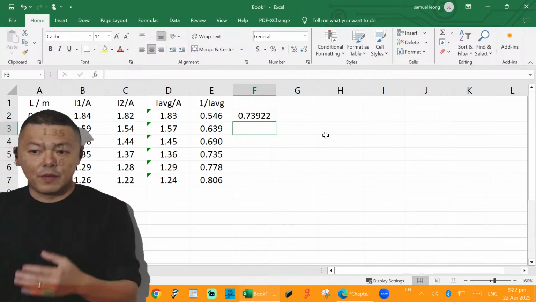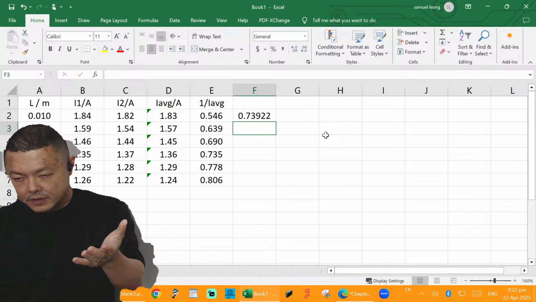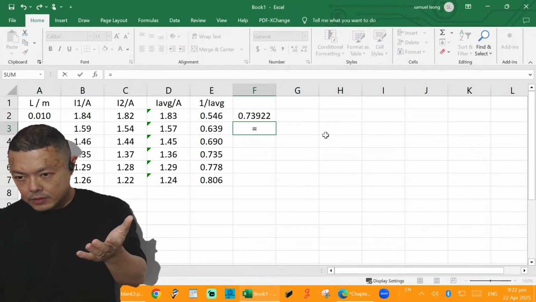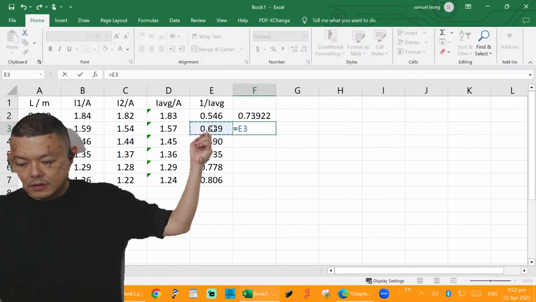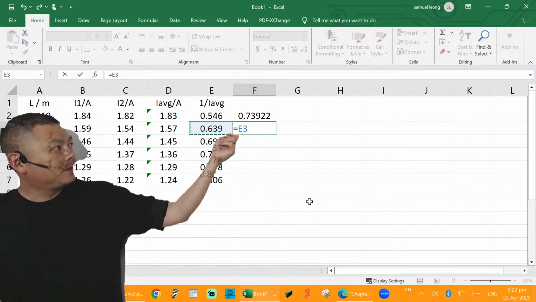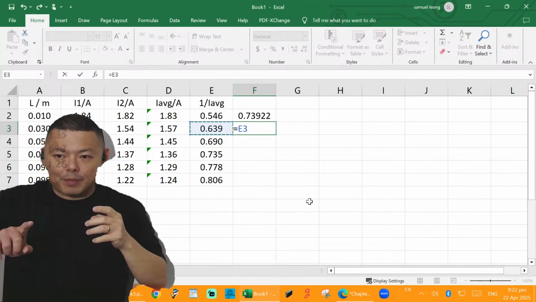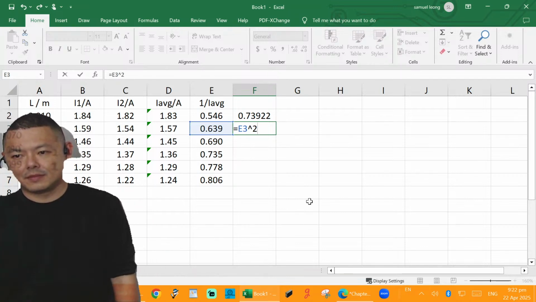If you need to square, then you type equals this cell, and once I click the cell it shows me the cell marker, and then I put the arrow up to the power of 2. That's square.